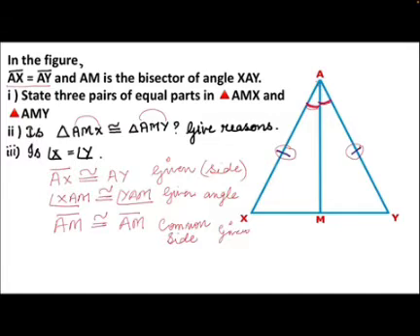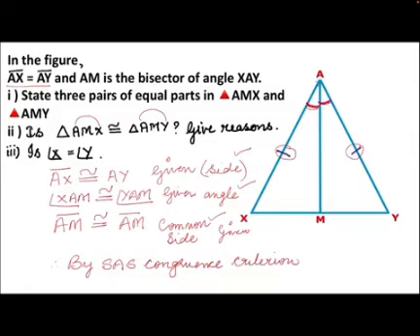Now I can say, using these three parts, corresponding parts, where are they? One side, one angle, and one more side. Using which congruence criterion? By SAS congruence criterion.